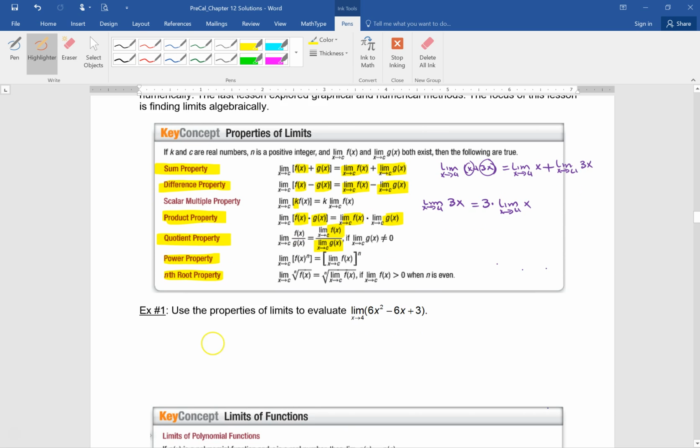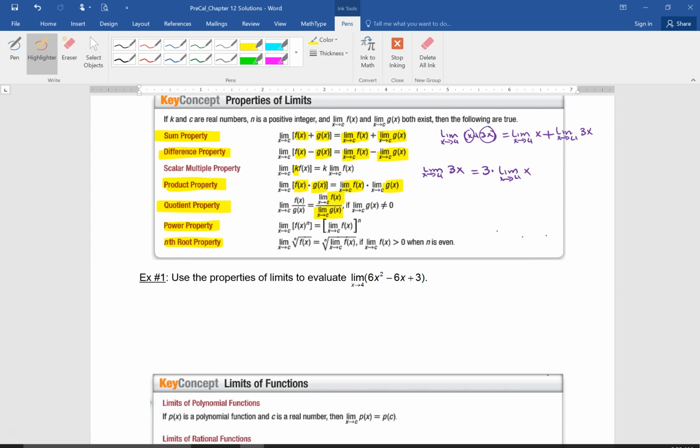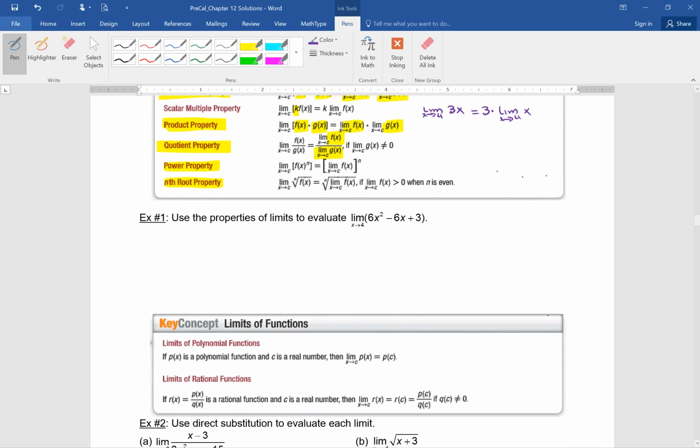So let's go on to this one, and we're going to apply the first, second, and even the third one in here. We're going to evaluate the limit as x approaches 4 of this polynomial. Remember, you can divide and conquer this. You can first take the 6x squared, then the minus 6x, then the negative 3, then the positive 3.